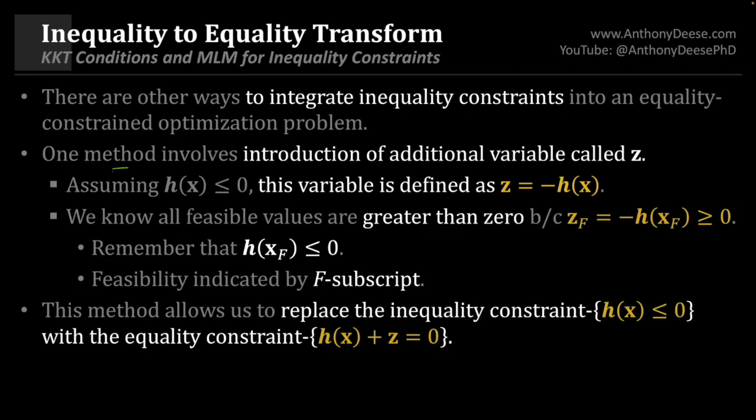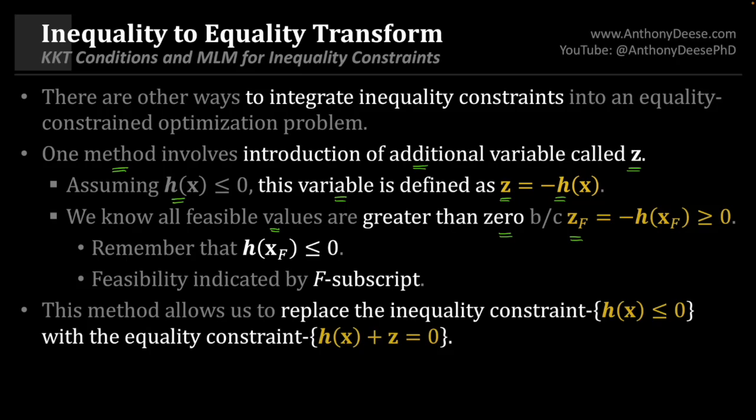One alternative method involves the introduction of an additional variable called z. So if we assume that h of x is less than or equal to 0, which has been pretty much the case throughout all of these modules, this variable is defined as z is equal to negative h of x. We know that all feasible values are greater than 0 because of this.